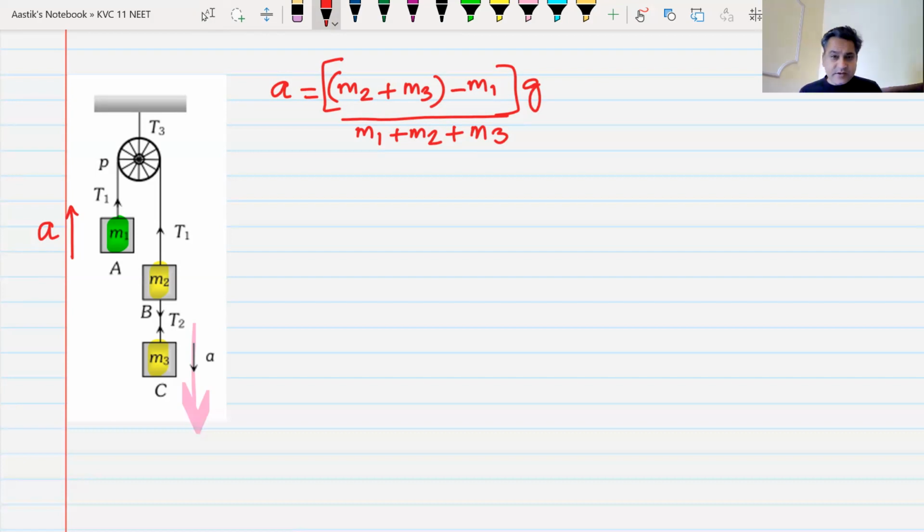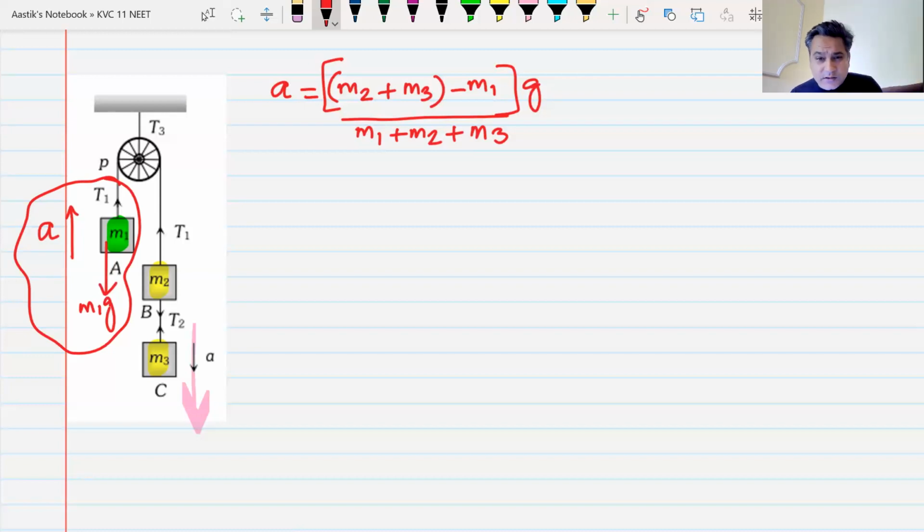When you get the value of A, to get the value of T1 is very simple. You can just draw the free body diagram of this block and from there write the equation and get the value of T1.